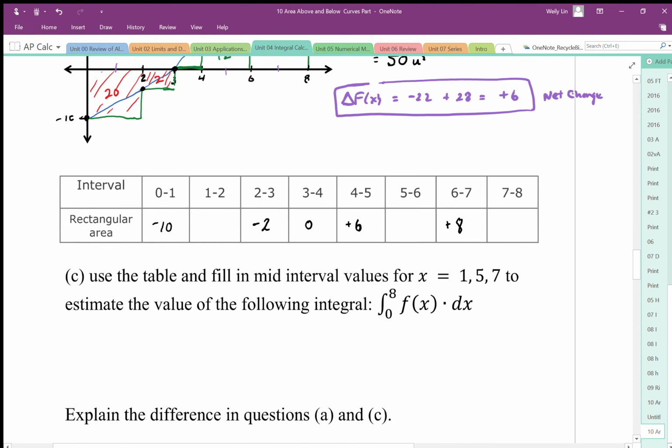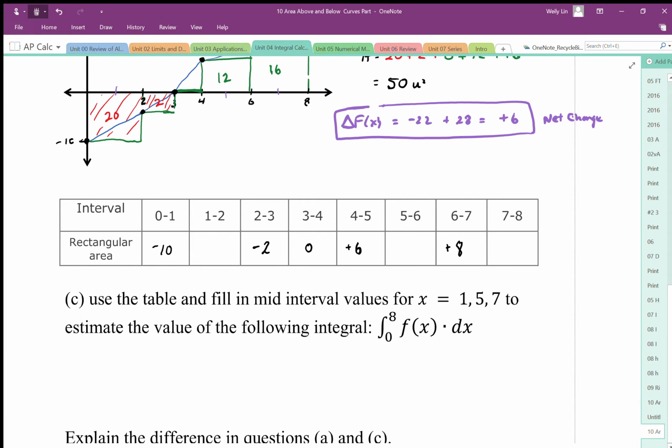When we talk about the mid-interval value, in AP Calculus they often want you to find something called a mid-interval value. A mid-interval value is going to be the estimate for the value at x equals 1. And we use the average y coordinate between the two outside coordinates. At x equals 0, y equals -10.